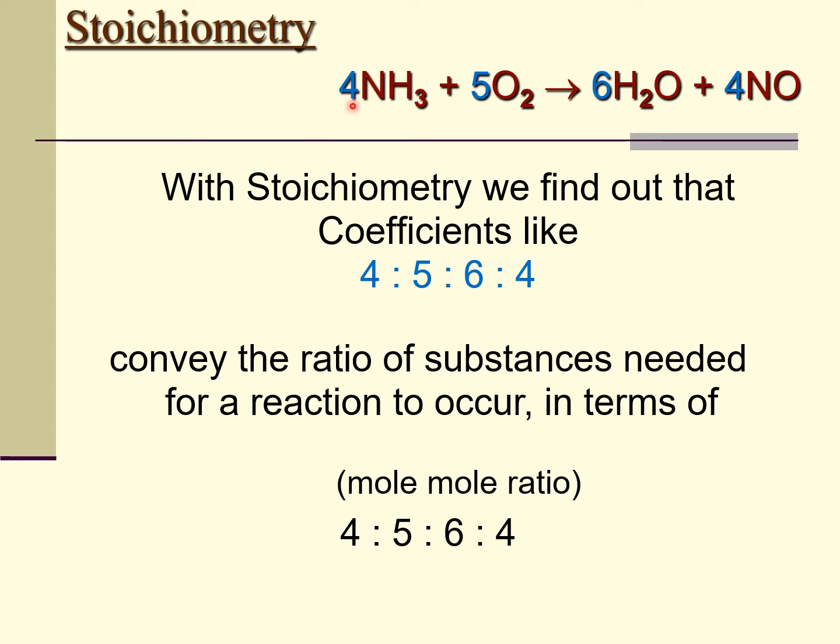Meaning 4 of ammonia is to 5 of O2 to form 6 of water and 4 of nitric oxide, or 4 is to 5, 5 is to 6, 6 is to 4. That is the mole-mole ratio.